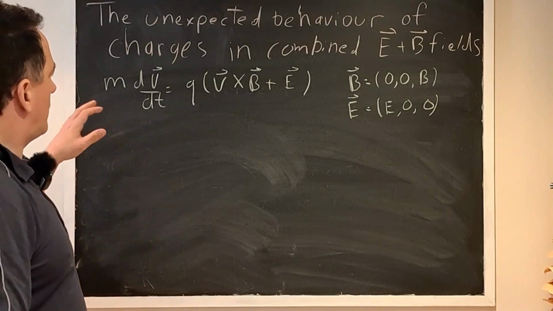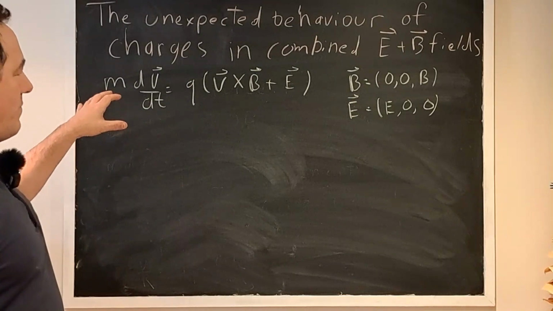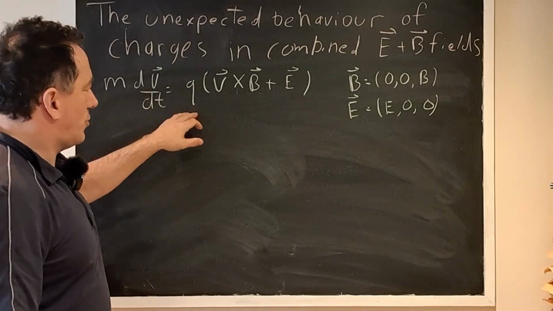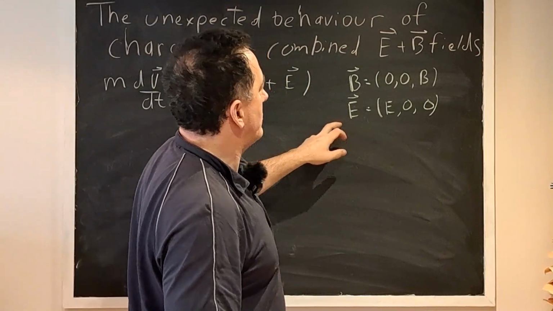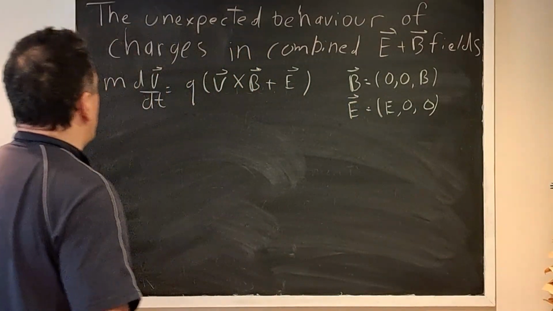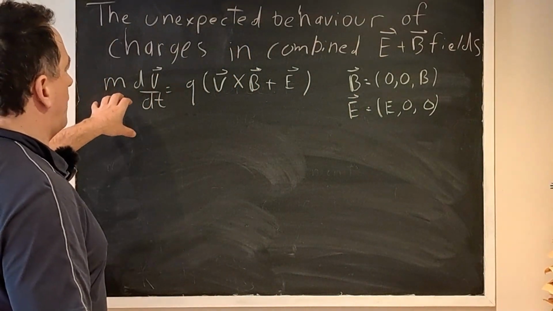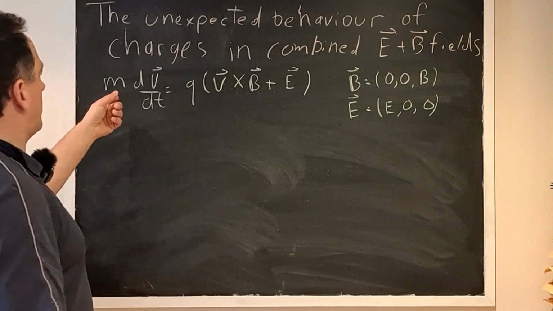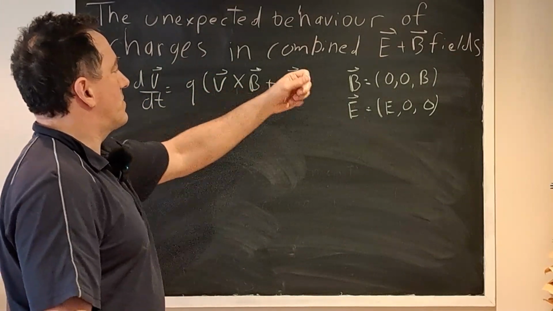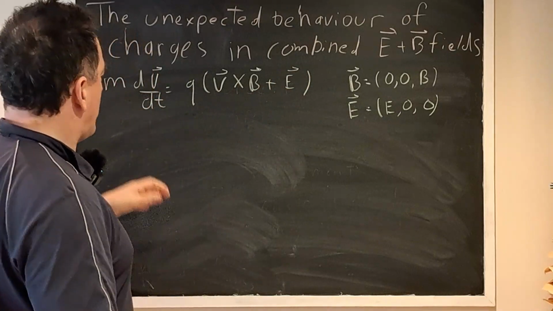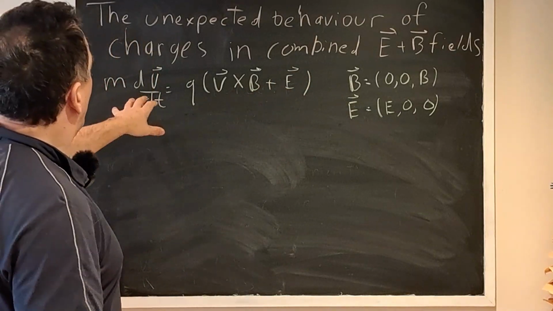Okay, now we're in a situation in which we have the same particle of mass m, charge q, in a uniform magnetic and electric field combined. So both fields are present. And we have, from the Lorentz force equation, that m dv/dt equals q v cross B plus E. We could solve this.